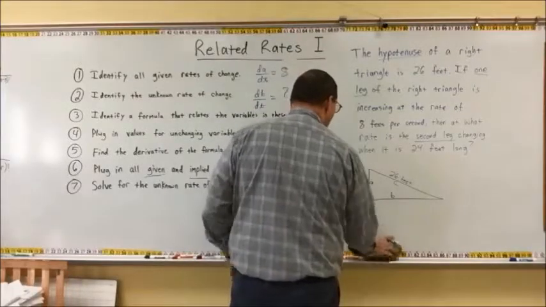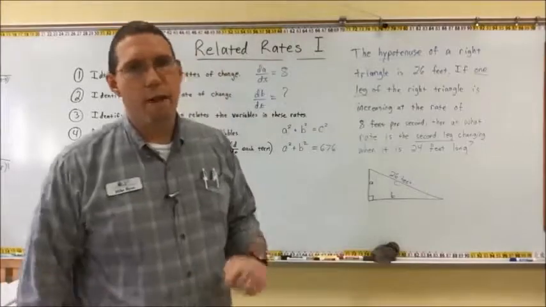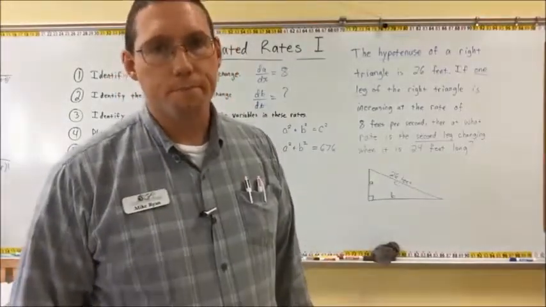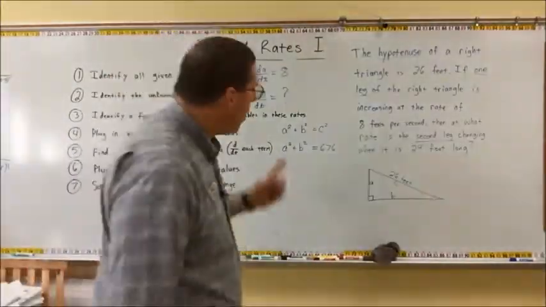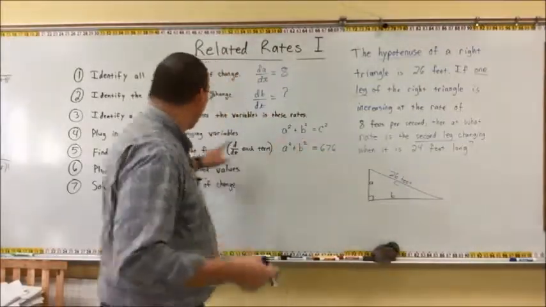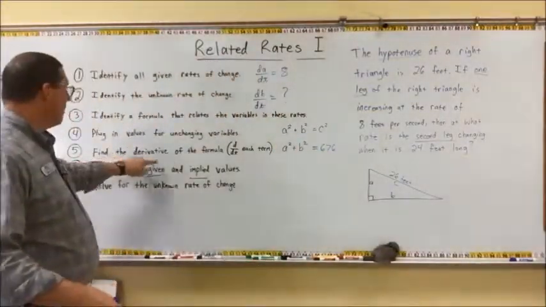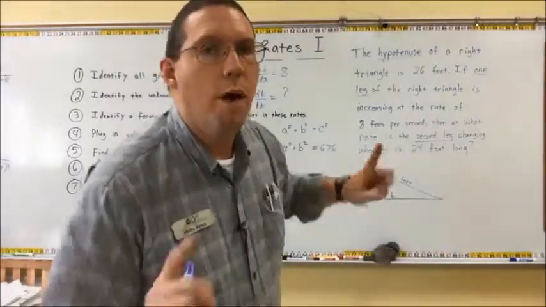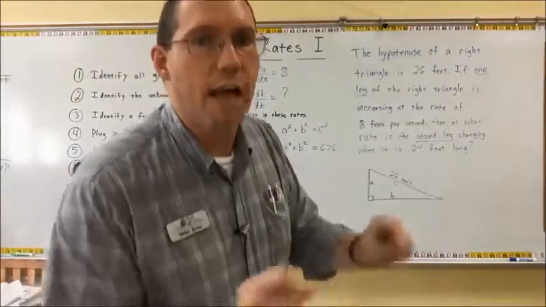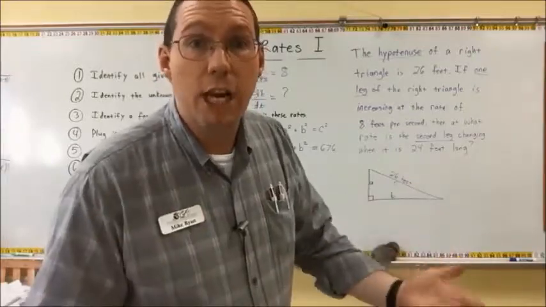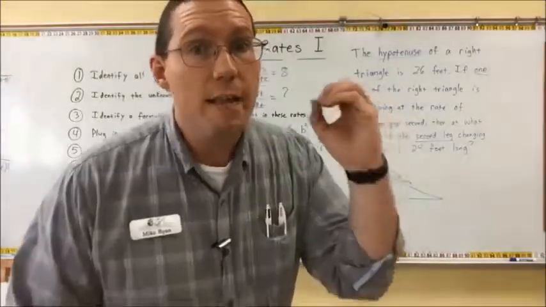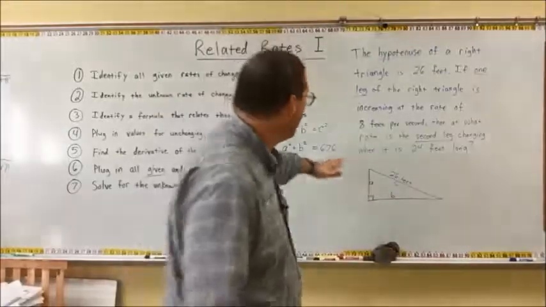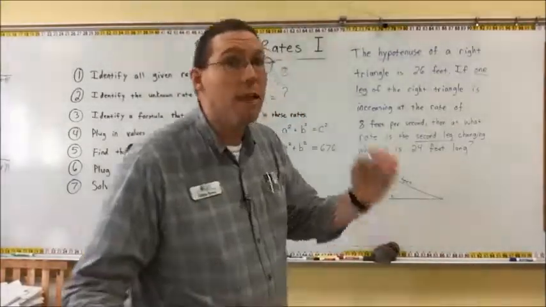676. And now you're about to see why step 4 is so important. Because what is the rate of change when we do the derivative in step 5, find the derivative of the formula? What is the derivative of a constant? What is the derivative of something that's not changing? If something's not changing, its rate of change is 0. And so the rate of change in a constant, we've already learned, is 0.